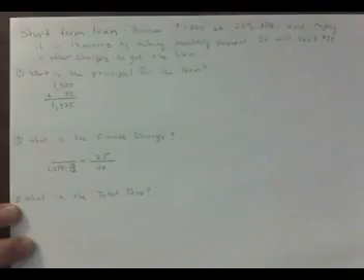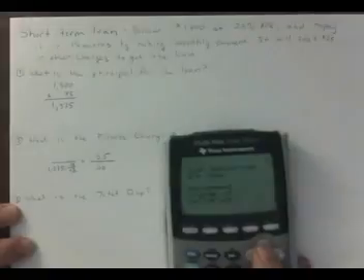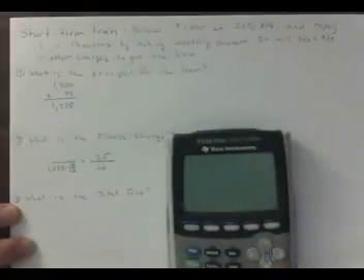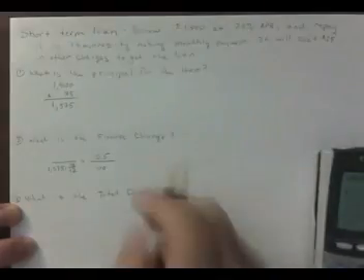So we will multiply 1,575 times 18 divided by 12. And we get 2,362.5.